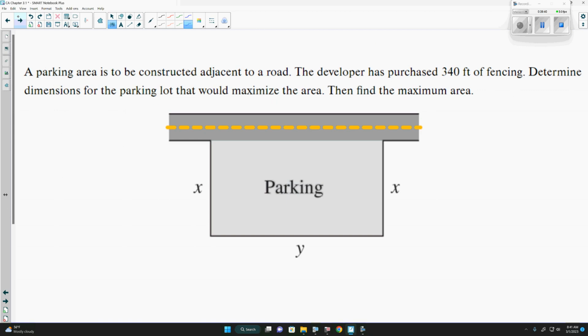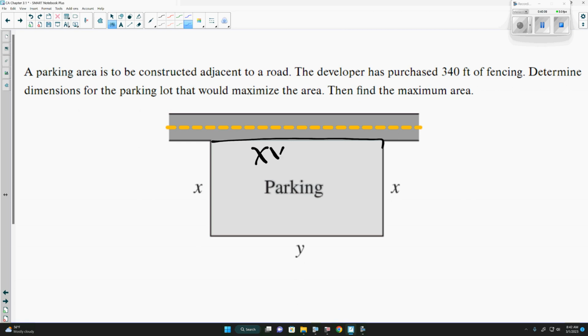Now, I'm not saying either one of these word problems isn't helpful, especially if you're talking about pens or corrals and you're wanting to maximize area. These are helpful because we can use these formulas here to actually figure out what it is. Because if we want to maximize, let's see here, 340 feet of fencing and wants to maximize the area. Well, we know area is what?